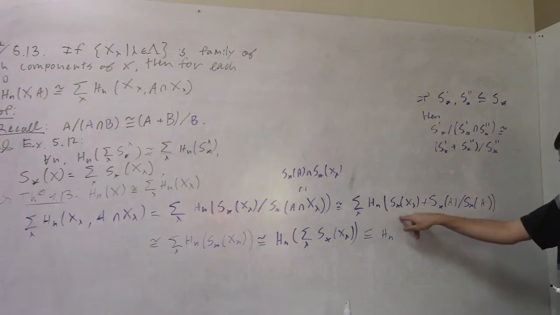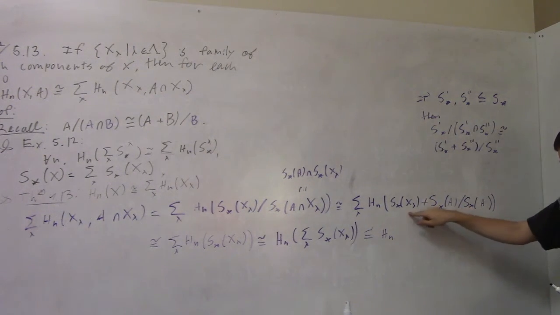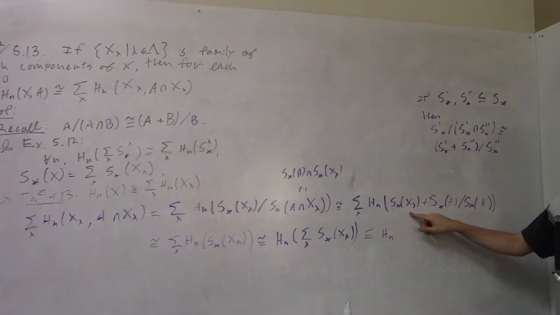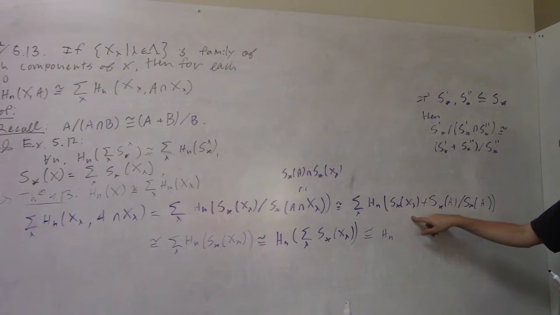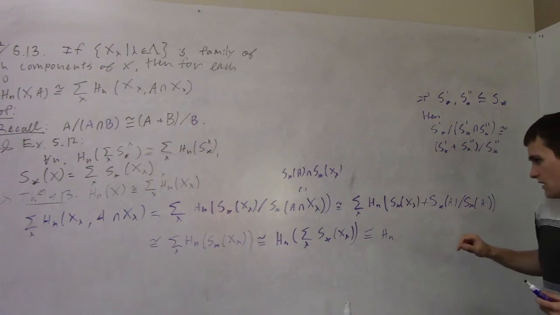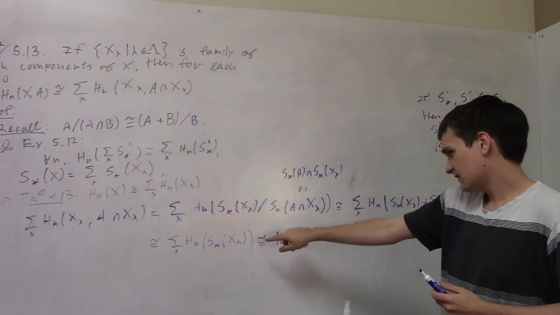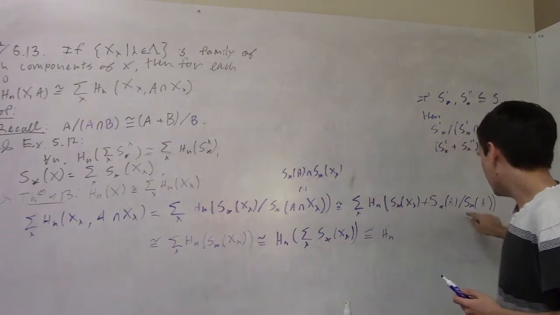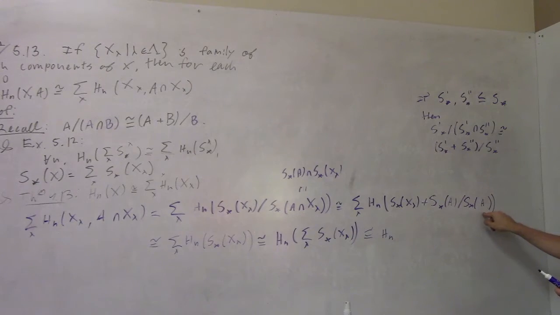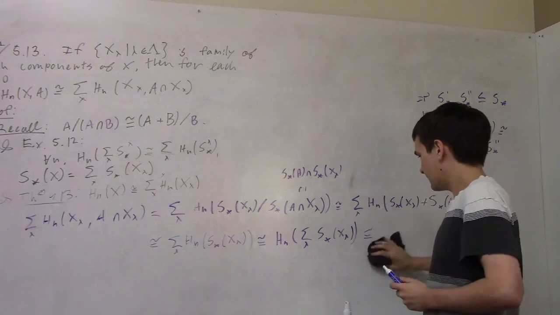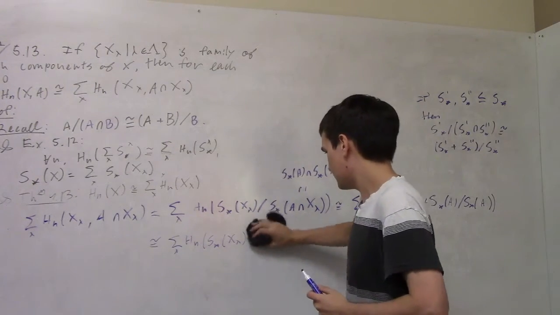This is going to be a subcomplex of this because this is a subspace, right? So this whole thing is just going to be isomorphic to S of x sub lambda mod S of A. Yeah, that's what we need to do.